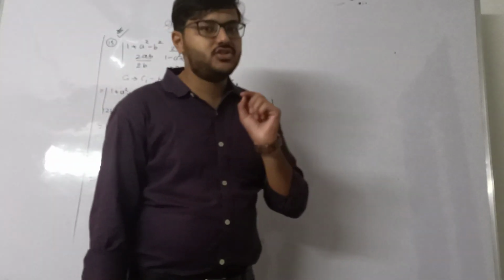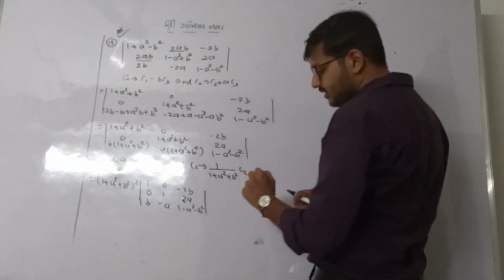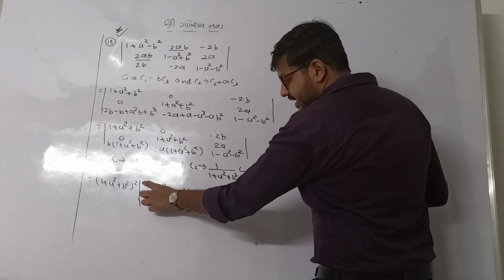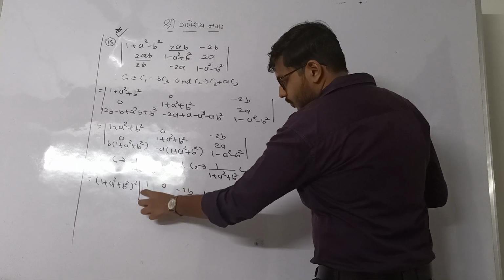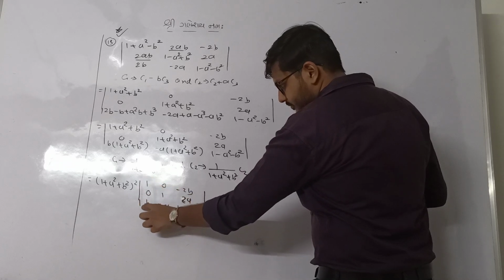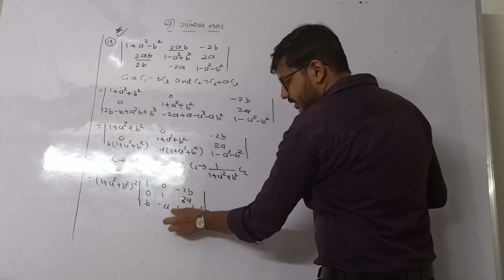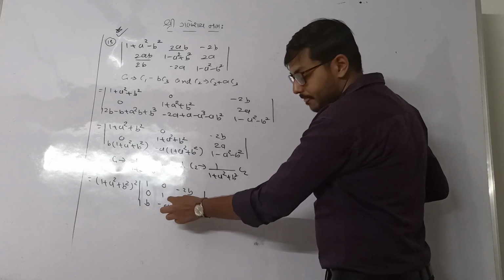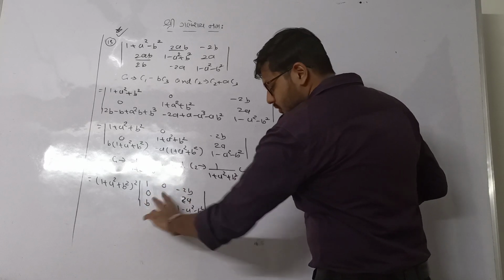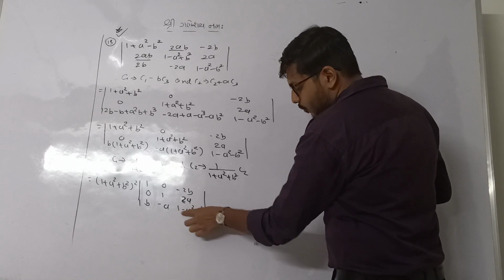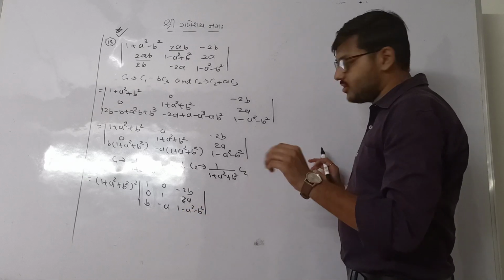But if you just check that we have b and we have minus a, so just multiply this term with 2b, this term with 2b, and this column with minus 2a. By using these two, we'll get these two terms as 0, and here we'll get 1 plus a square plus b square. Just observe.